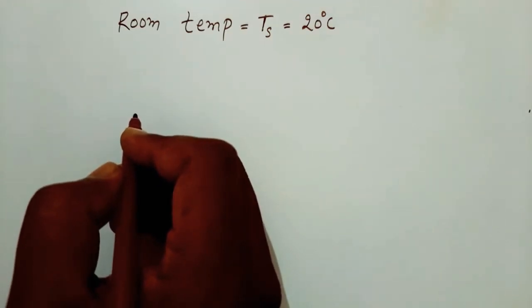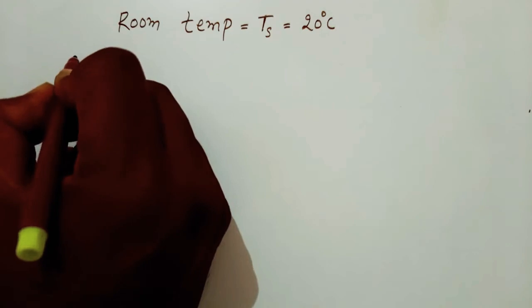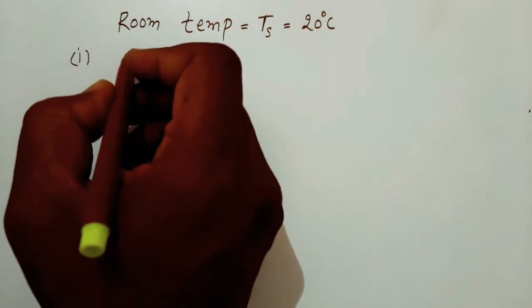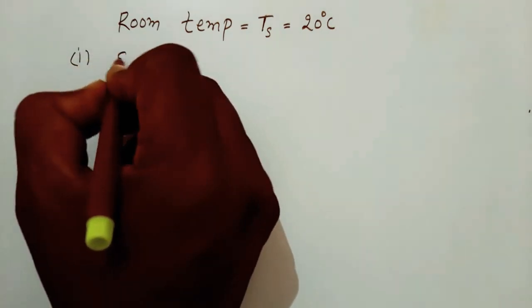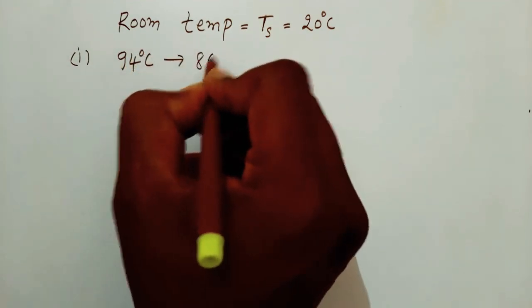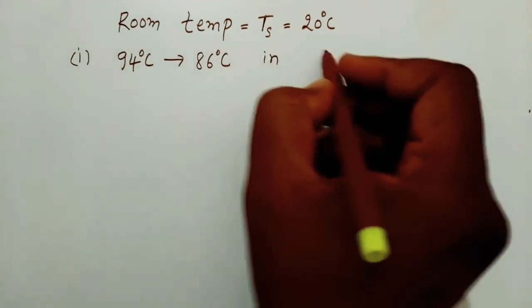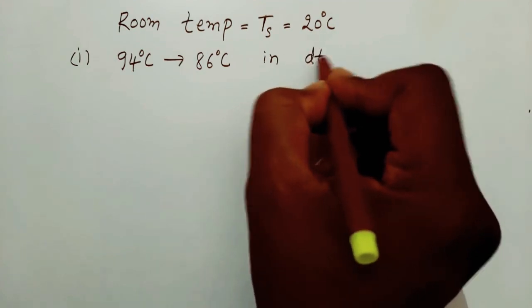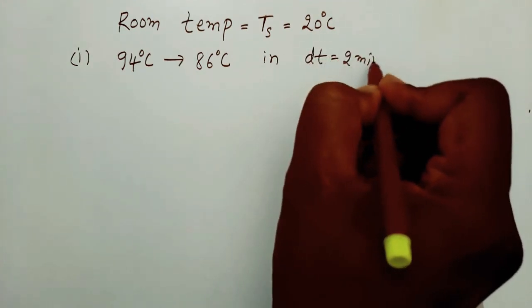Here hot food cools from 94 degrees Celsius to 86 degrees Celsius in 2 minutes. Let us take this as the first case. The time interval is 2 minutes.